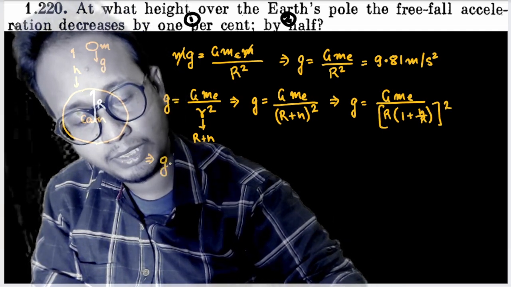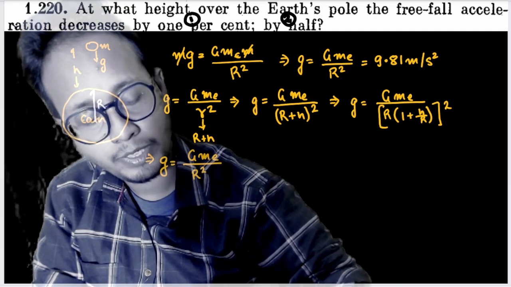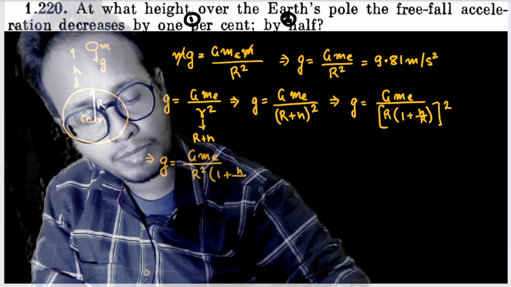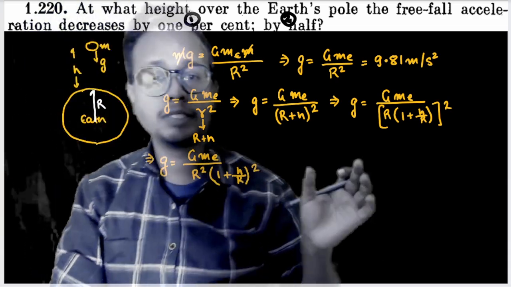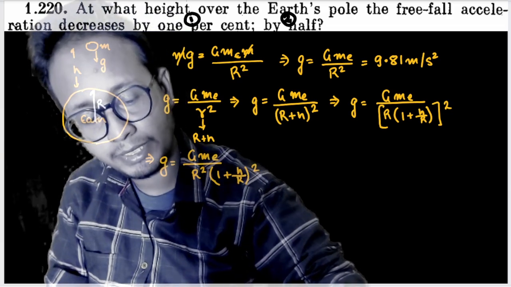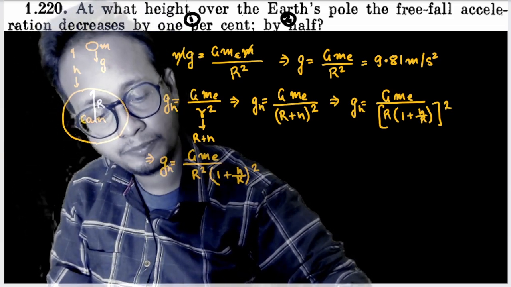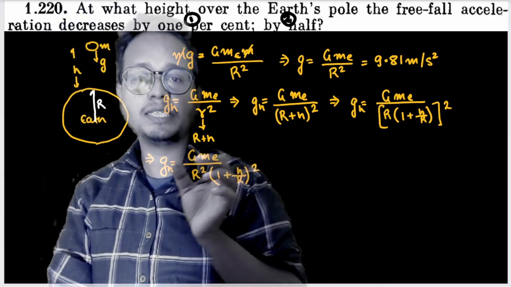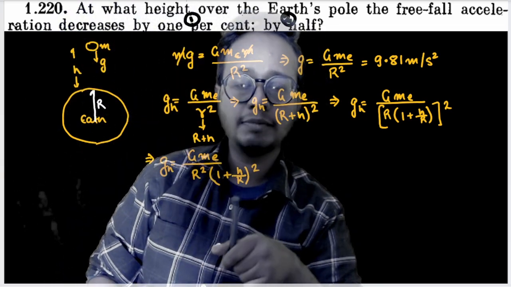Or g is equal to G mass of Earth divided by R square into 1 plus h by R, whole square, isn't it? This much is understood. And what is this g? Acceleration due to gravity at height h. So let's write this as g_h. Acceleration due to gravity at height h is G mass of Earth divided by R square into 1 plus h by R, whole square.